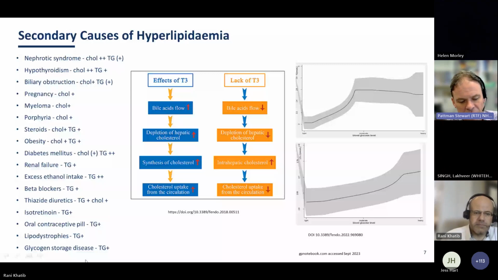And for those patients, you really do want to make sure you are addressing the hypothyroidism, because the other issue is, if you've got a hypothyroid patient and you start them on a statin, there is some evidence to say they could have a higher risk of side effects when commencing a statin as well. So there's lots of good reasons to screen these patients and make sure that we're not missing anything at baseline.